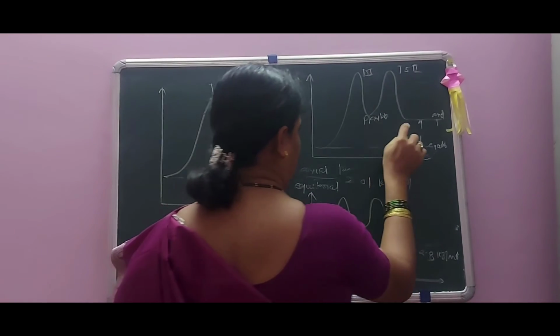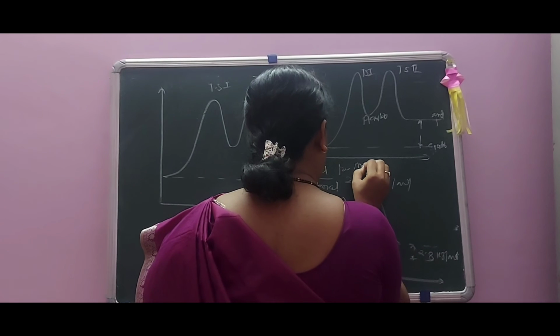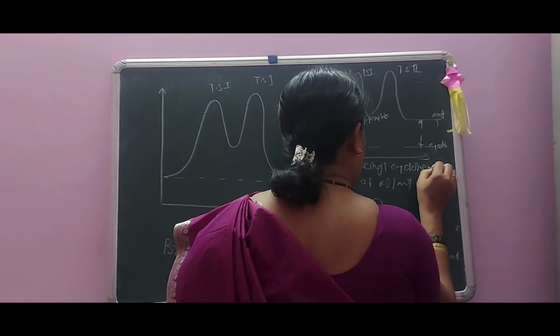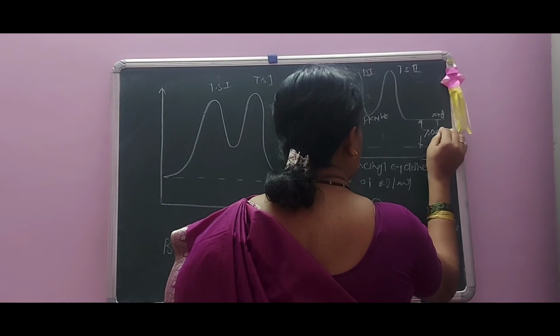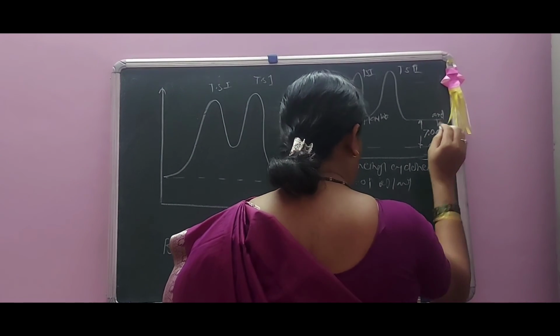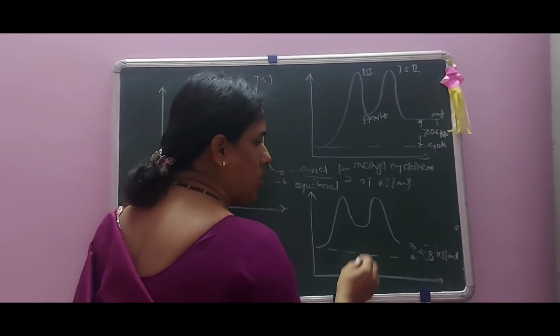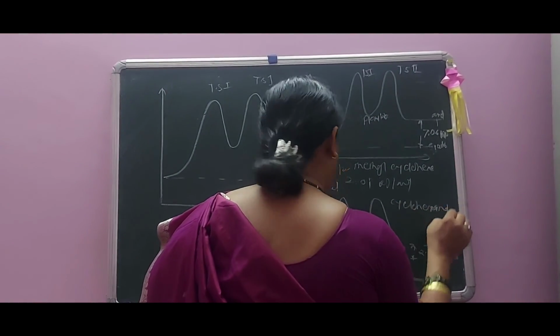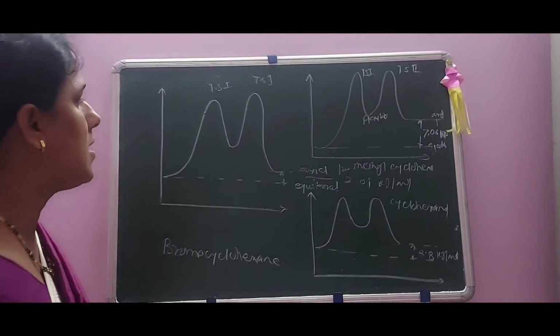This is in the case of methyl cyclohexane. The difference is equal to 7.06 kilojoule per mole. Here 2.8 kilojoule per mole in cyclohexanol. And in bromocyclohexane, what is the difference?